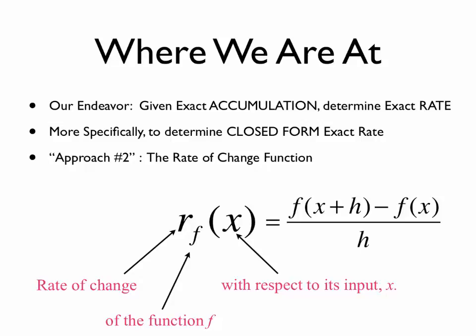So this is where we're living right now. We know how much of something we have, the accumulated amount, that's f. And we want to know how fast it's changing. So this is how we build how fast it's changing from the accumulation f. Given exact accumulation function f, determine exact rate function r of f.